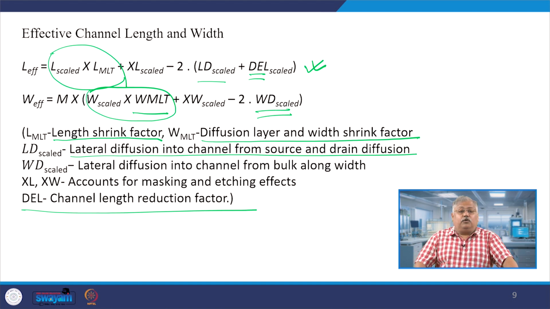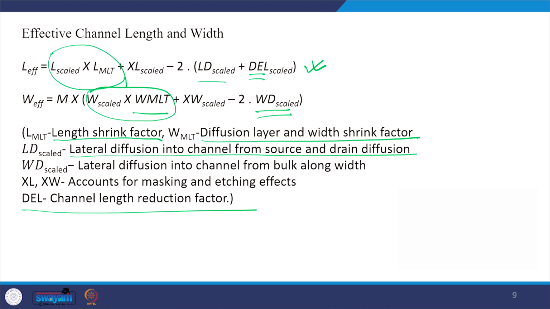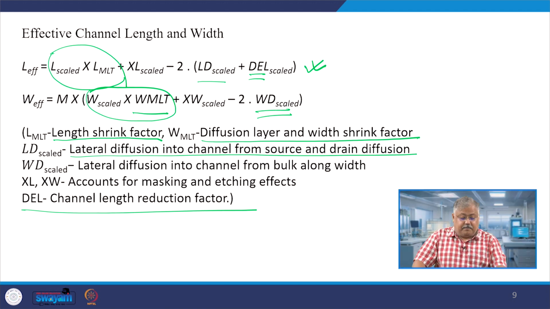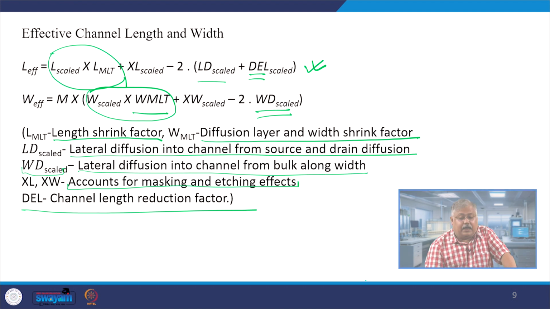Similarly, if you look at the width of the device, it has been scaled by a factor of W scaled, right, multiplied by WMLT, which is again defined as the diffusion layer and width shrink factor. Now XW, if you look, is basically my change in the value of W because of masking and etching away, and WD scaled is primarily lateral diffusion in the channel from the bulk along the width, right.